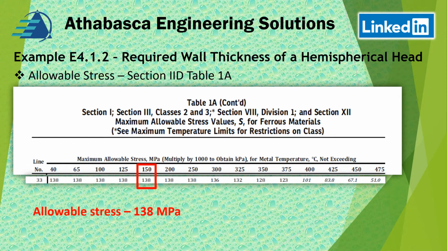You can see it says Section 8 Division 1, and then we look at the temperature, which in this case is 150 degrees centigrade, and we determine that the allowable stress in our calculation should be 138 megapascals, which corresponds to the ASME A516 Grade 70 plate material.